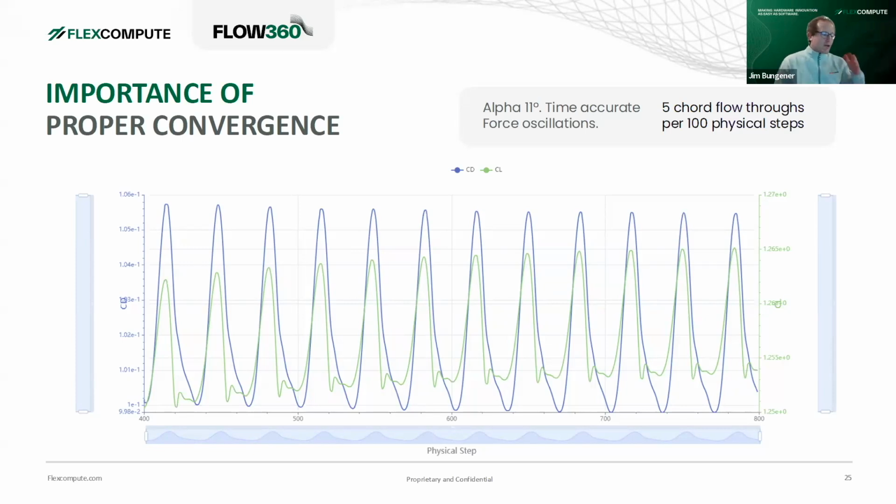And now suddenly when you're comparing two cases, one case could have been stopped here, another case could have been stopped here. You've got differences, or you seem to have differences between two different configurations that are actually due to your modeling technique. This is something to keep in mind.